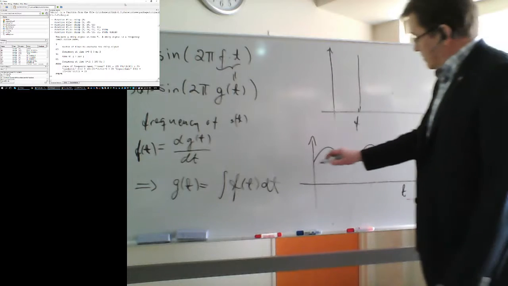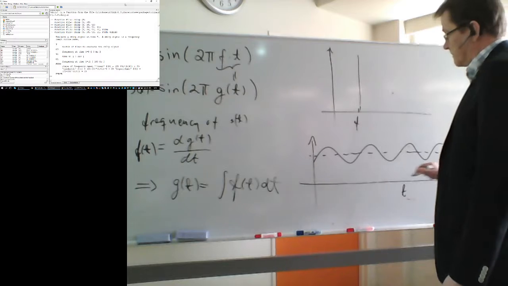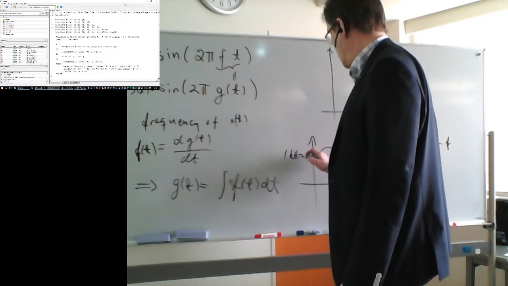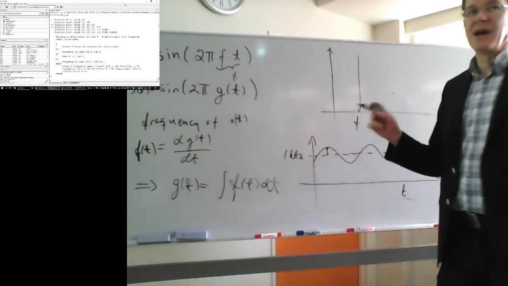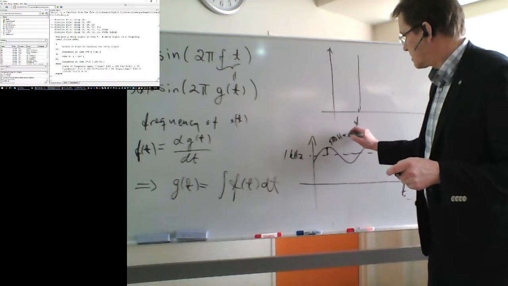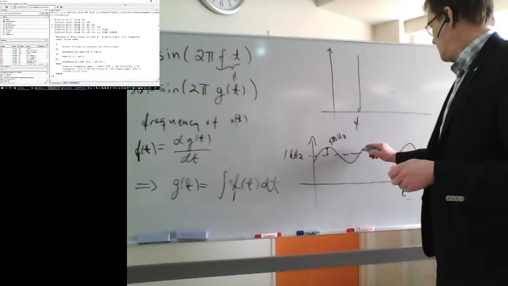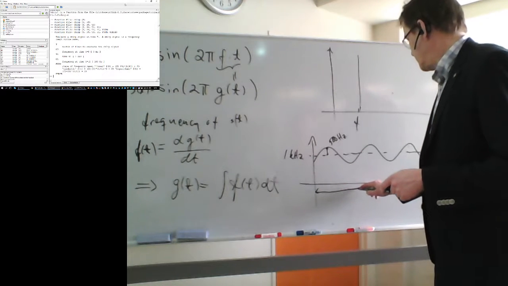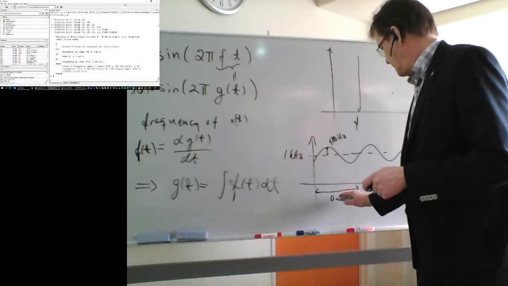We could actually try that one. So if we have, for example, a really obnoxious 1 kilohertz signal, and you want this frequency amplitude to be, for example, 500 hertz, and this be, for example, the base period, say 0.5 seconds.